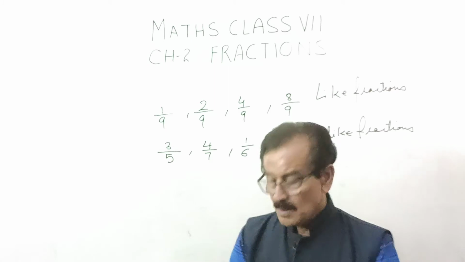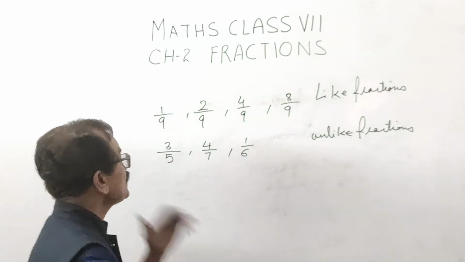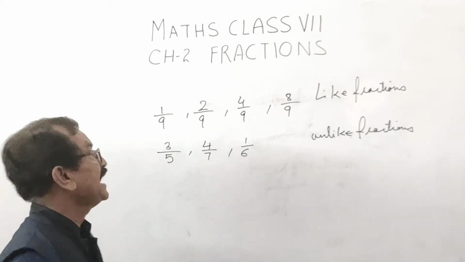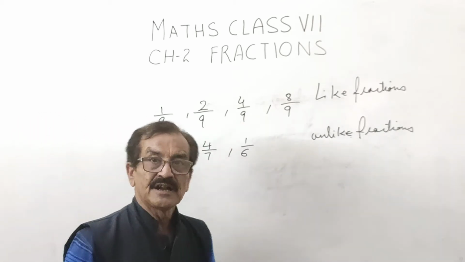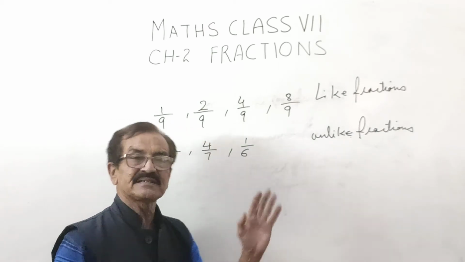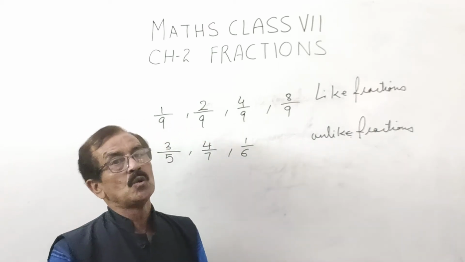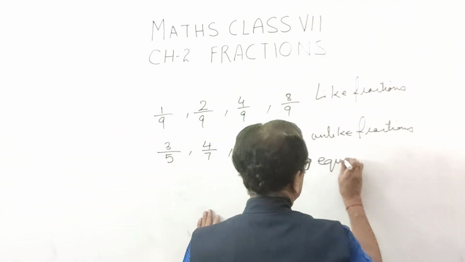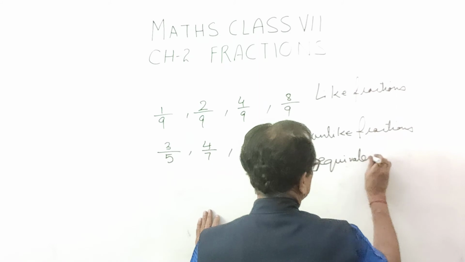Not difficult though, but it's not simple. What do we have to do? If we had the same denominators, addition was very simple. Now since the denominators are not the same, the addition cannot take place as it is. So we have to learn something else, that is equivalent fractions.